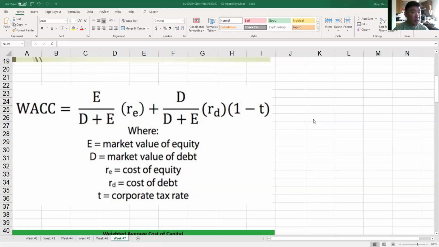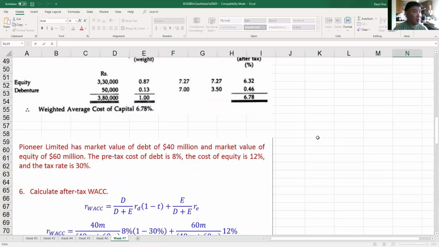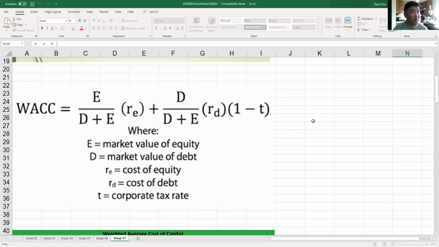So let's just do this then. You can see I have a lot of formulas there. But let's say that for this company, you have E, and then we have D. I'm just making up these numbers. Let's say that E, equity, is 70 million. Let's do different numbers. Let's say it's 35 million, and D is 15 million.